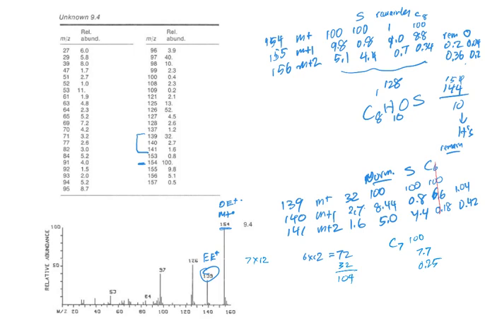Another time I ended up with enough space to write all this in there. We didn't do that, so 140 is negative 0.06. It's negative 0.06. This is remaining. And then 141 is 0.35.